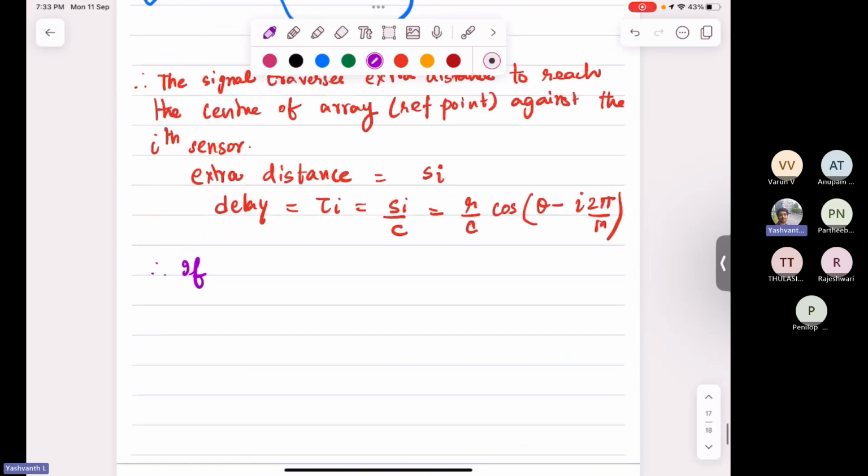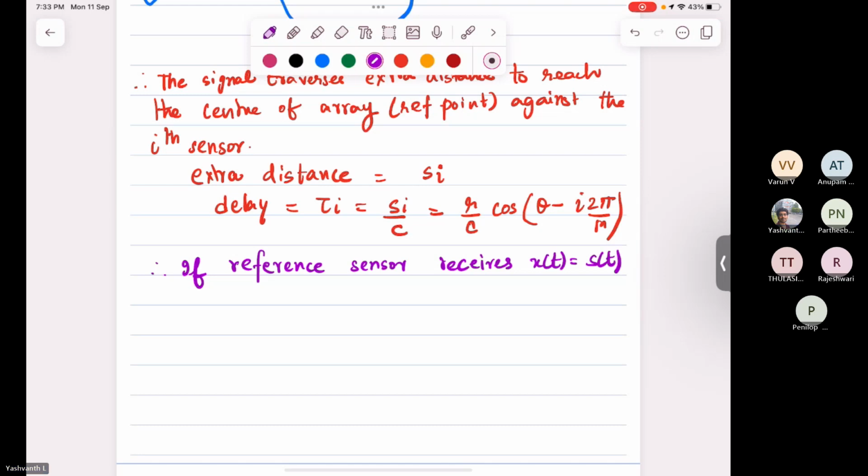Therefore, if the reference sensor receives x of t equal to s of t, then the ith sensor receives xi of t equal to s of t plus tau i.